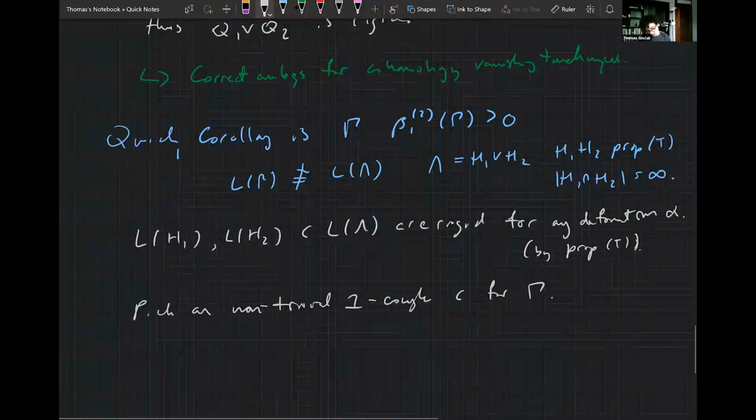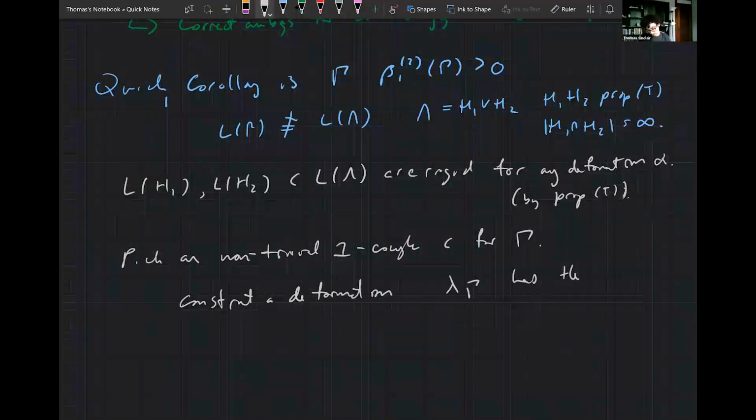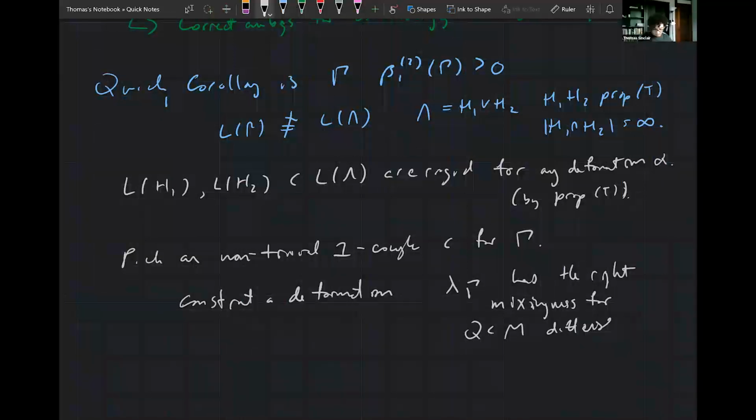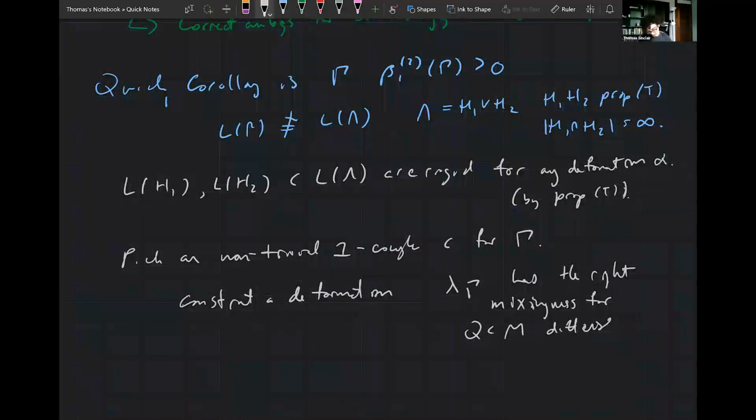Now, this is working for the left regular representation of gamma. So this has the right mixingness for every infinite, or for every diffuse subalgebra. So that's good, in particular for the intersection.